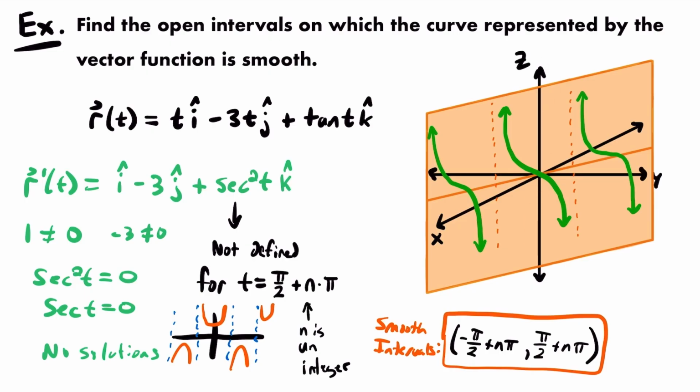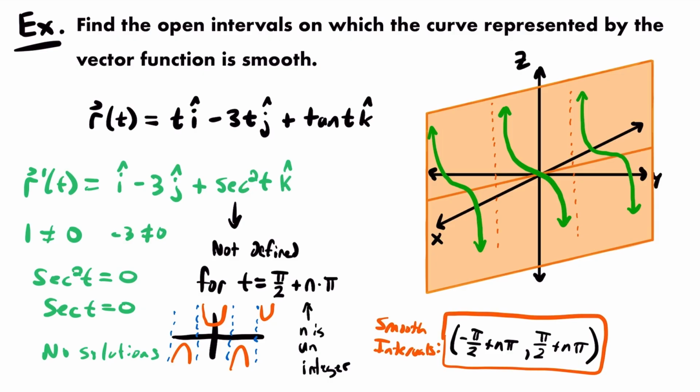Okay, but you can see that for this space curve, there are asymptotes which actually correspond to the values of t for which we found that the derivative was not defined. All right, so those would be our values like pi divided by 2, 3 pi divided by 2, negative pi divided by 2, and so on.